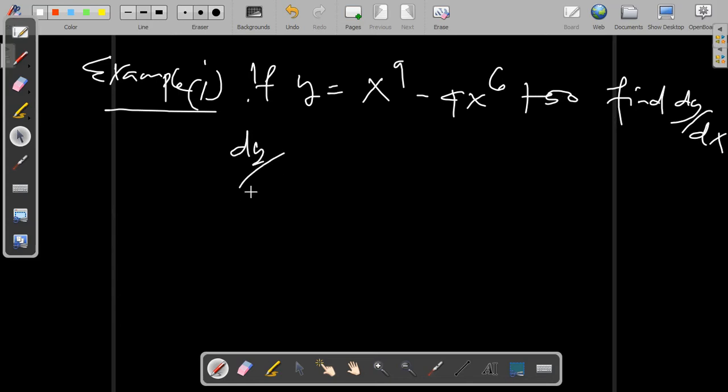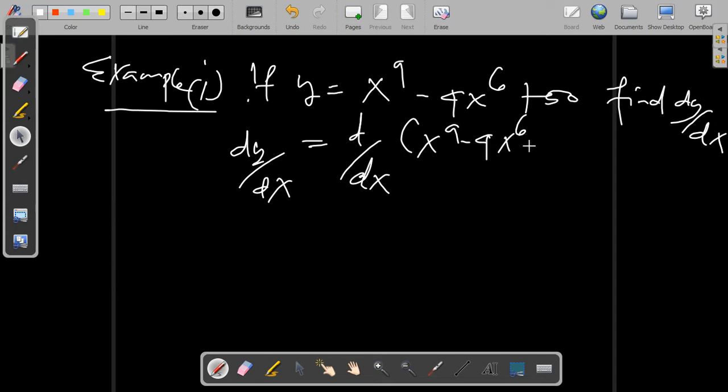So here, when you apply the derivative, dy over dx would be equal to the derivative of the function, that is d over dx of x raised to the power of 9 minus 4x raised to the power of 6 plus 50.